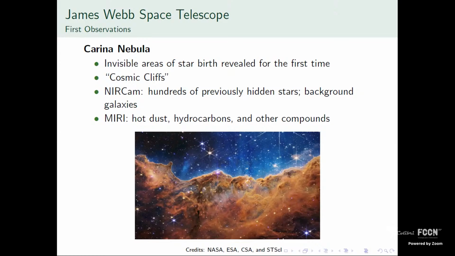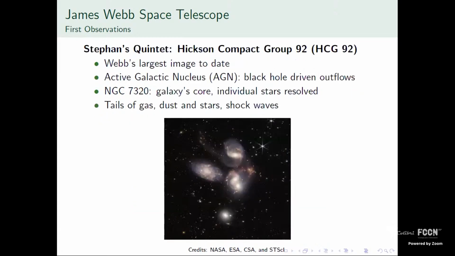And so the hot ionized gas and dust is actually escaping the nebula into that blue area. And so with the NIRCam instrument, we are finally able to see hundreds of previously hidden stars. And in the background, we can actually see some new galaxies, which were hidden before as well. And with the MIRI instrument, we can see hot dust and hydrocarbons and other compounds. So this is all new information.